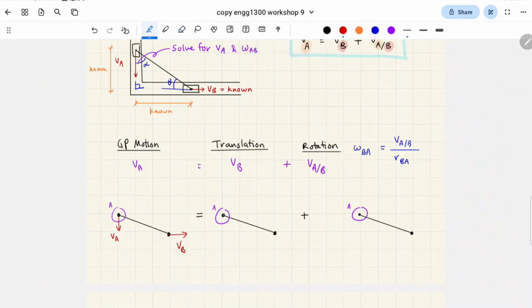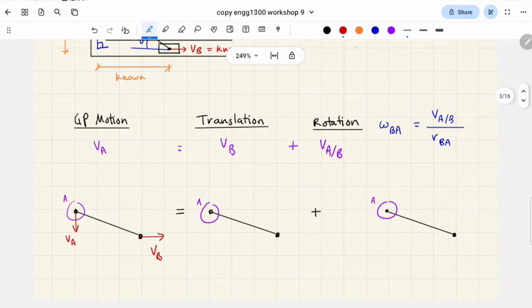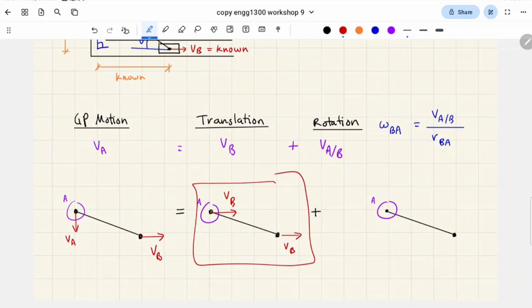But you can think of it like this, right? If we have the velocity of B, except it's being applied to the entire body, the entire rigid body, such that this portion is just the translation part, and then the next part represents our rotation.